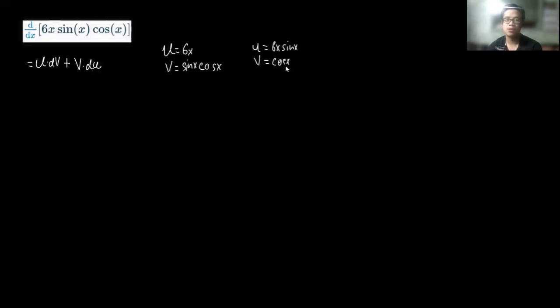You can do this one, but observe that in this arrangement, in u you have only one term, and then the rest you have two terms. In the second arrangement, your u has two terms and the other one is only one function.